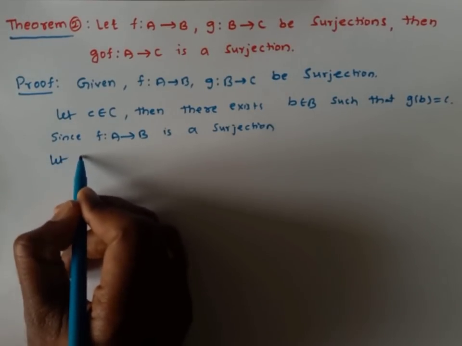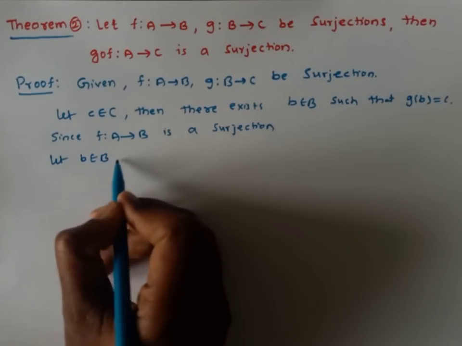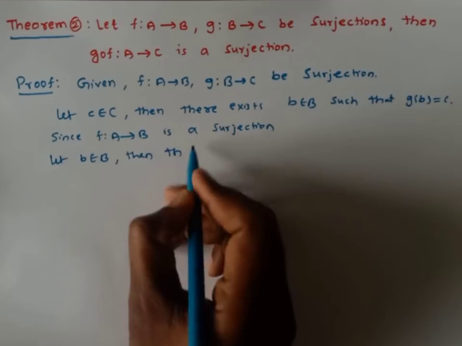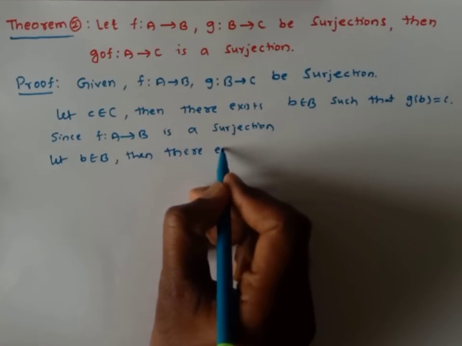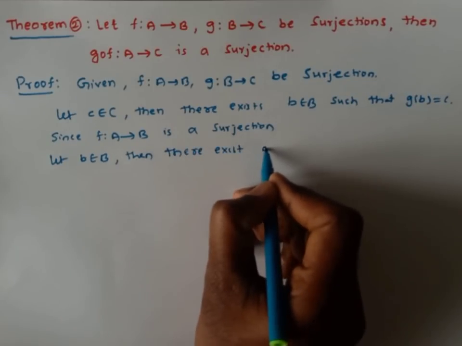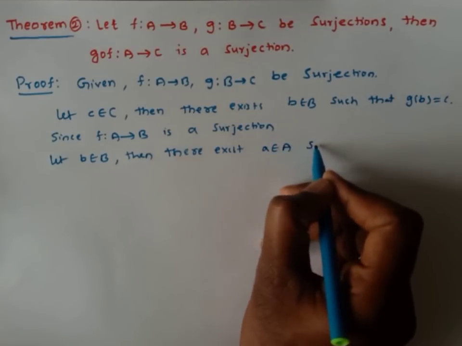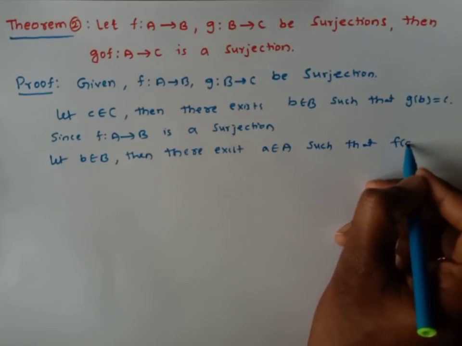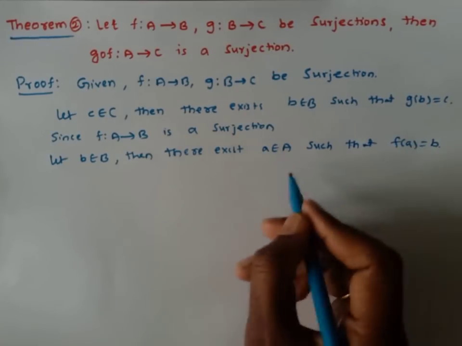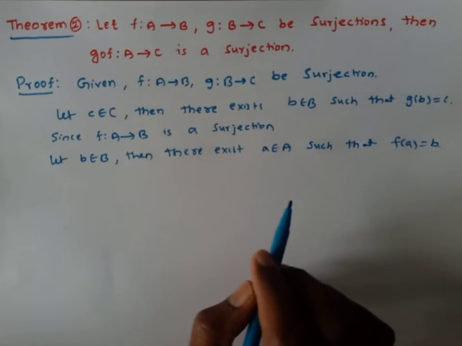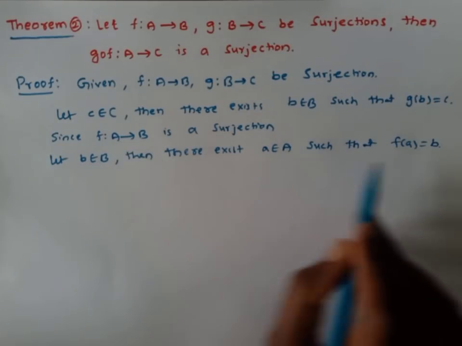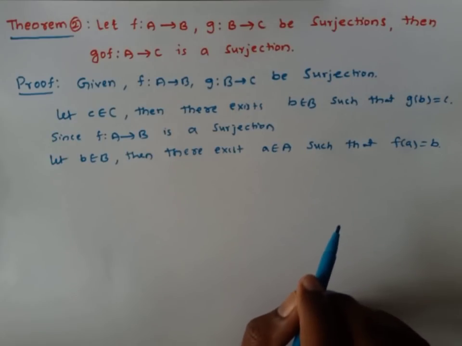Let B belong to B, then there exists A belonging to A such that F of A is equal to B. So by using the definition of surjection, we can express it like this: for each B belonging to B, there exists an element A belonging to A such that F of A is B.